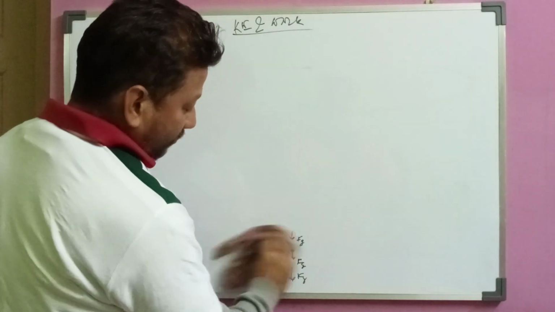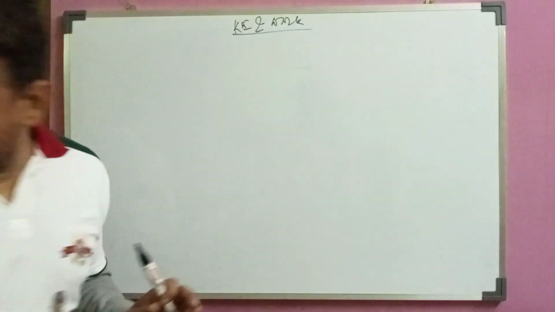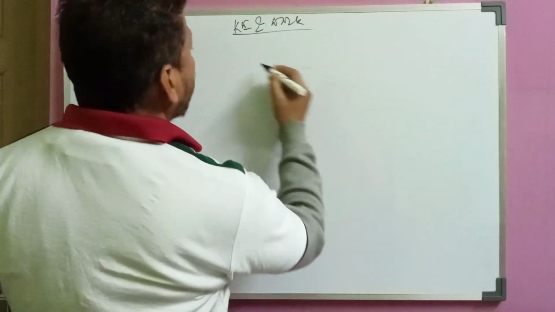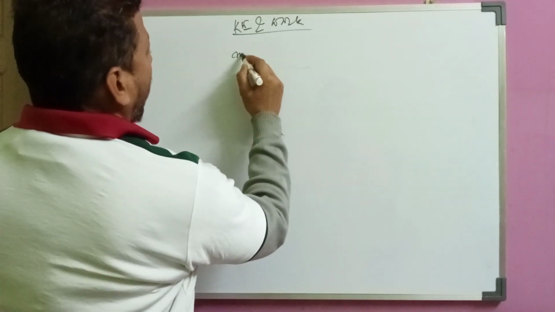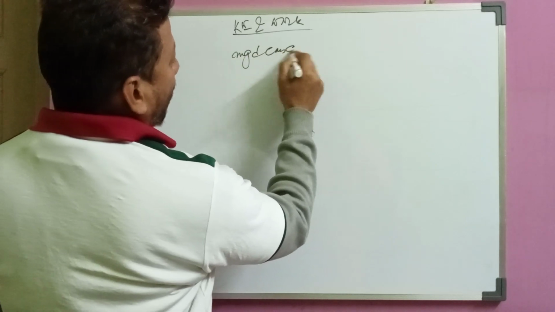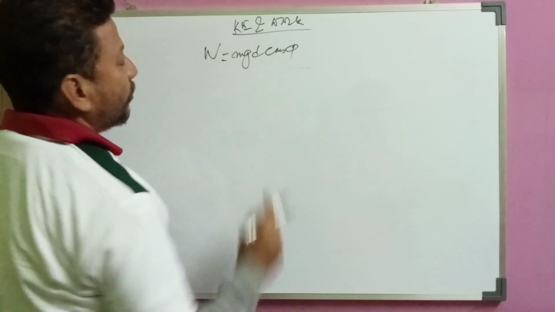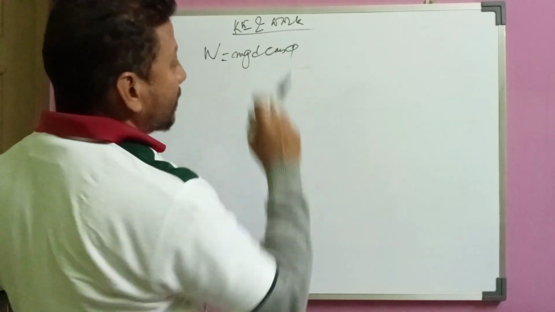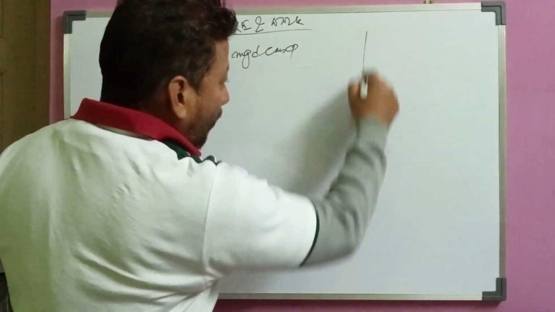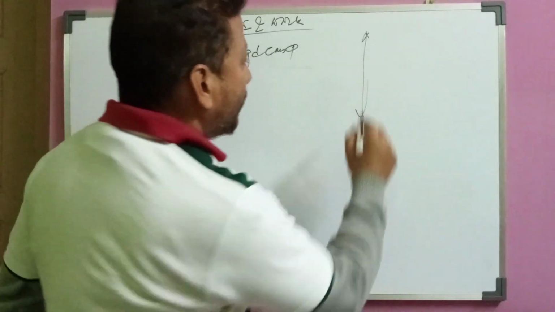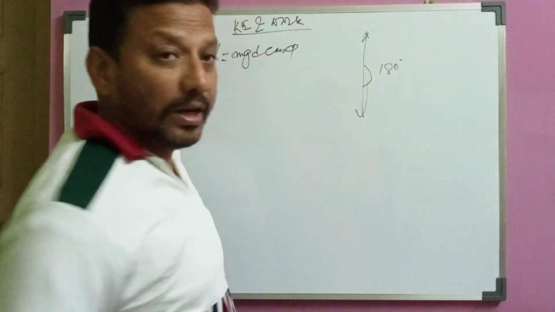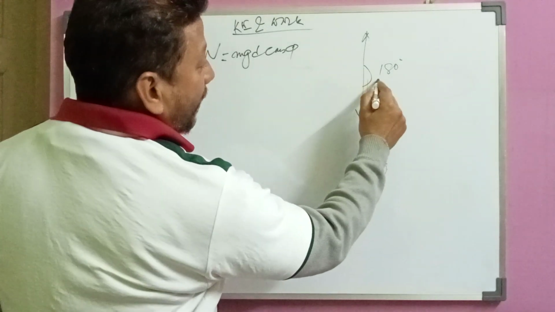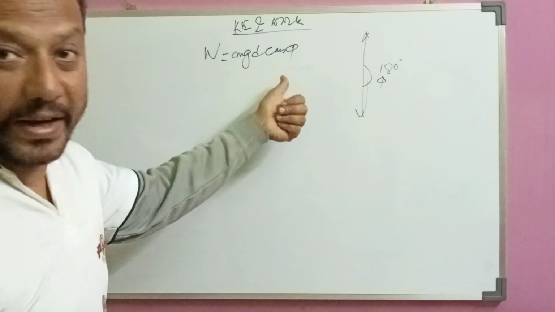Now what we previously did was mgd cos phi. This was the definition. From here, in all the scenarios, this phi, if it is along with this gravitation, will be 180 degrees. So we'll calculate this way. In the case of phi, we'll place this phi here.